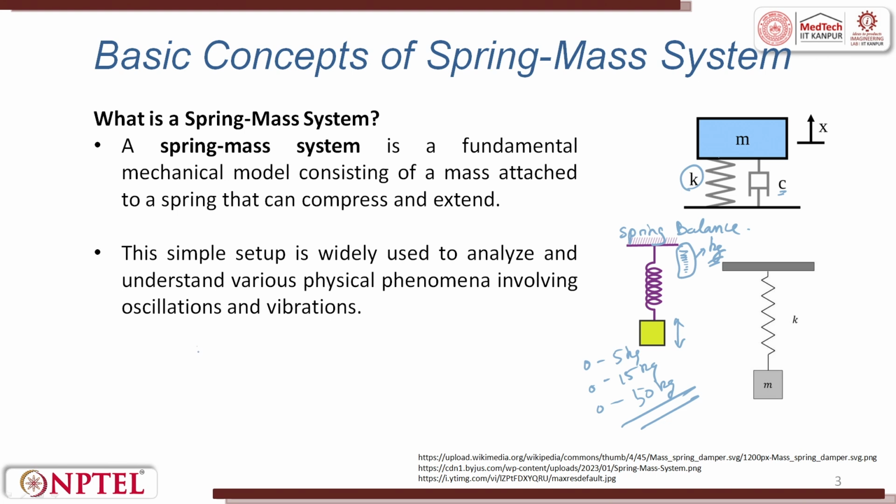So, how do they do it? They have a linear scale in which the graduations are there. So, there will be a floating reader. It says 5 kg. So, we would have already calibrated the displayed kg versus displacement.